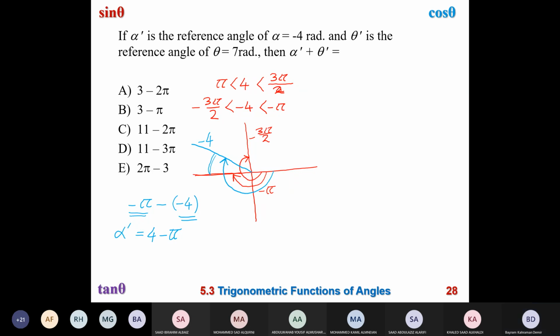Okay. How about the 7 radian, Shabab? Let's look at 7 radian. 7 is clearly greater than 2 pi, correct?